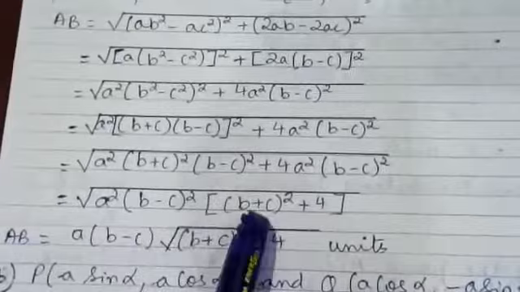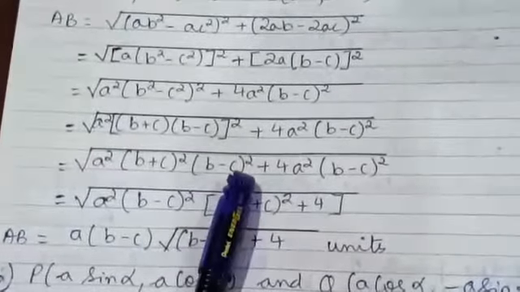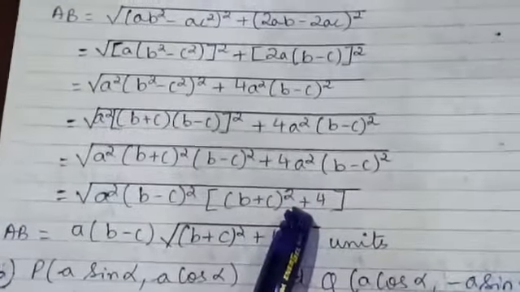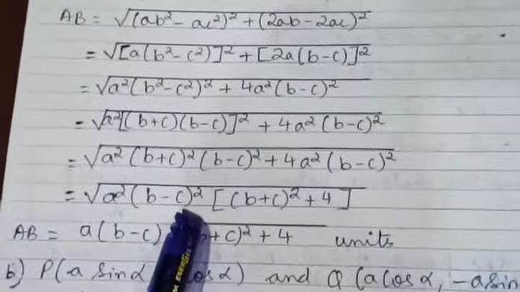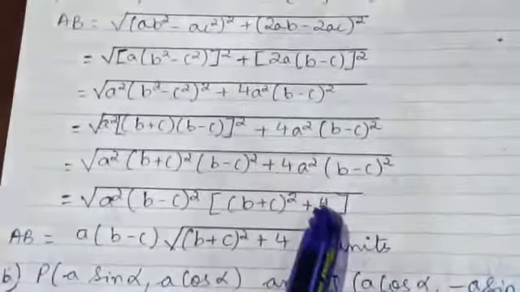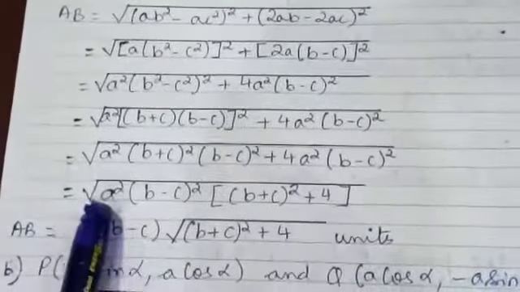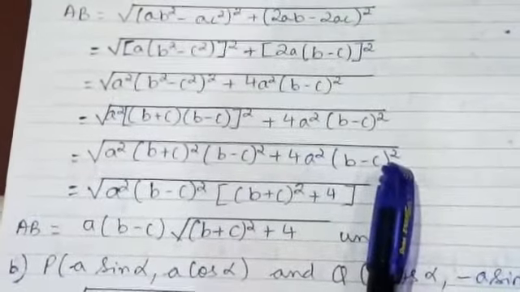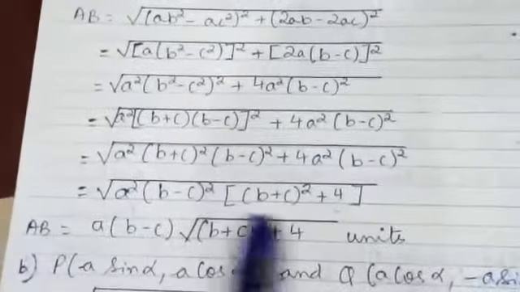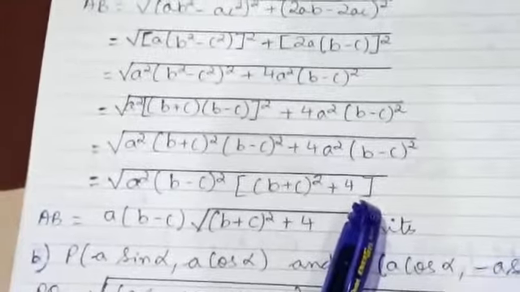So now this into this will give us this first term here. Plus we have a² into (b minus c) the whole square common. So which means we need to write 4 here. 4 into a² into (b minus c) the whole square is what we have here as a second term. So this is how it looks after taking out the common factor.